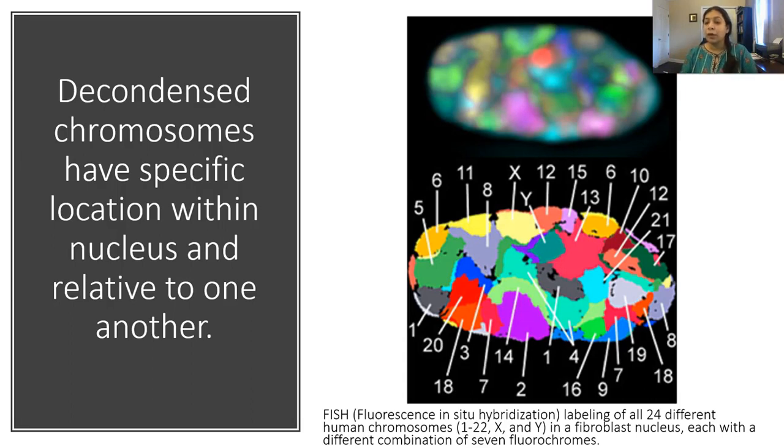Usually we use 7 different fluorochromes. And when we use them in different combinations, each chromosome essentially shows up in a slightly different color or pattern. And you can use that information to get an image like this one that you see down here, and you can localize where each chromosome is hanging out inside that nucleus.